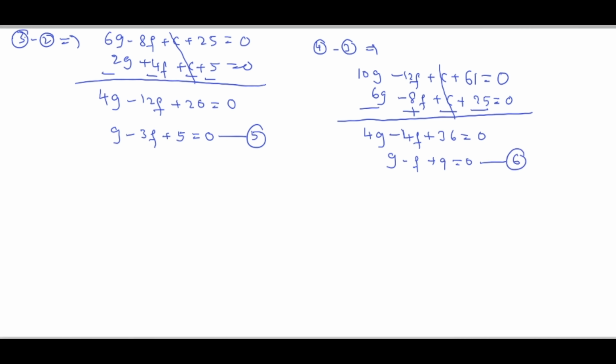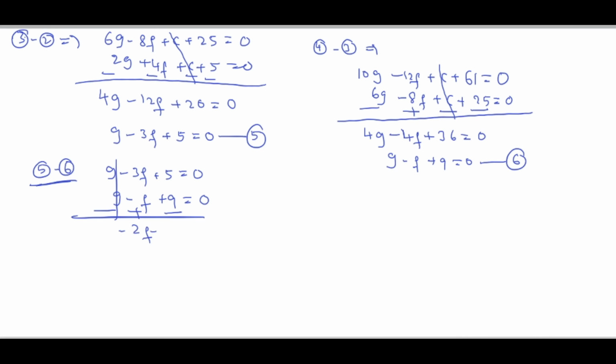Now we subtract the fifth equation minus the sixth equation, that is g minus f plus 5 is equal to 0, and g minus f plus 9 is equal to 0. Subtract, g cancelled, minus f plus f, 5 minus 9 is minus 4 is equal to 0.